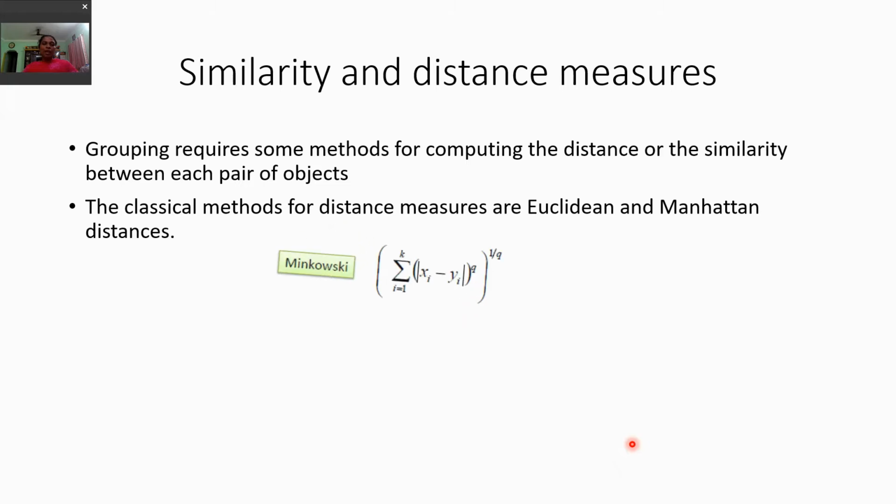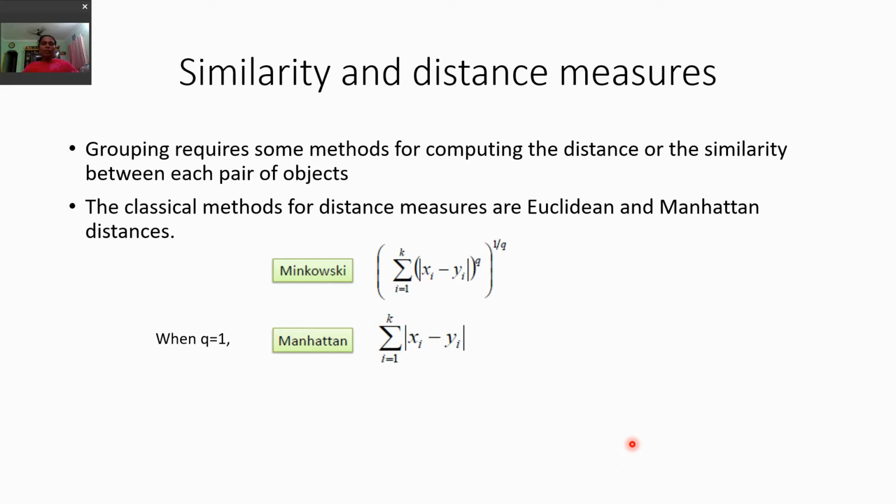And these metrics come from the base metric called the Minkowski metric, which is represented by the sum of |xi minus yi| to the power q, the whole raised to the power 1 by q. When you substitute q equal to 1, this leads to the Manhattan metric, which is nothing but the summation of modulus of xi minus yi.